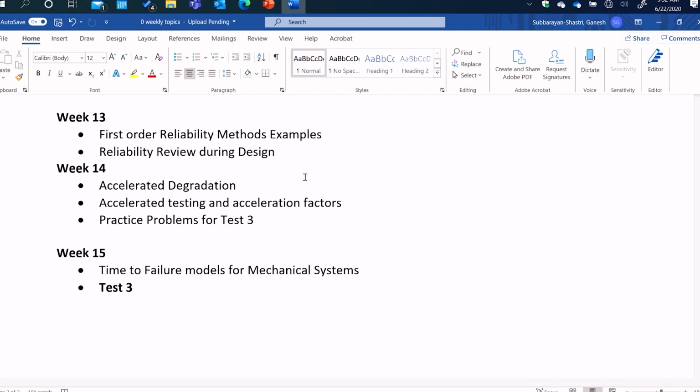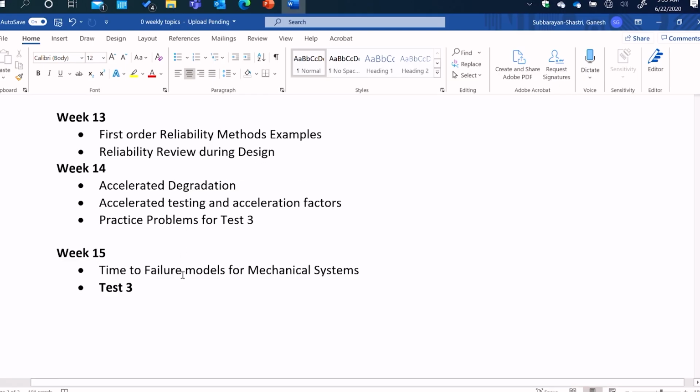So we can do, in lab environments, we can accelerate failure and estimate what the life would be in field use, because oftentimes we don't want to wait for a real product to fail while developing a product. So what we would like to do is to subject the product to a more aggressive condition so it causes the product to fail sooner than it would in real life, and thereby estimate what the life of the product would be. We will learn to do that in week 14.